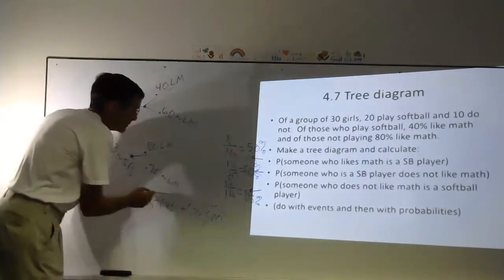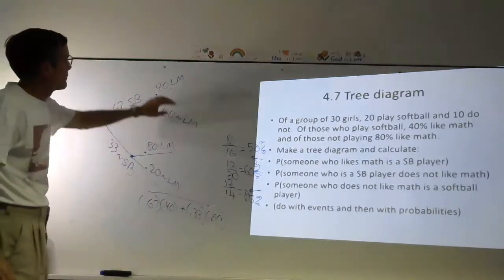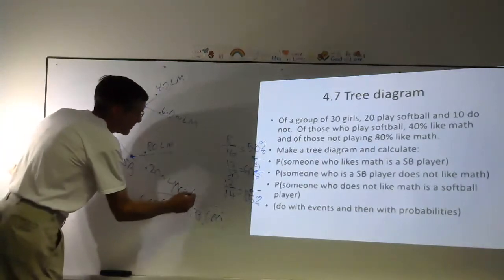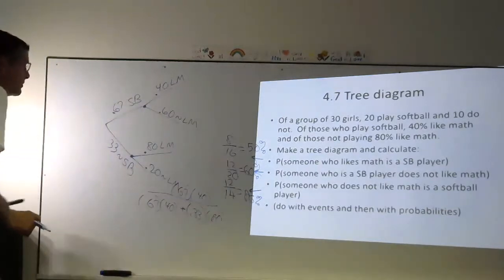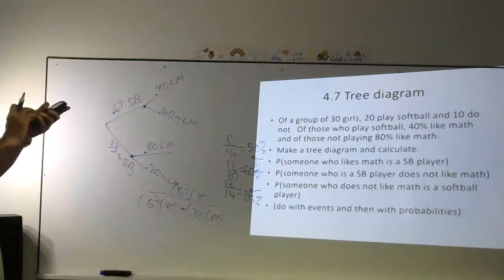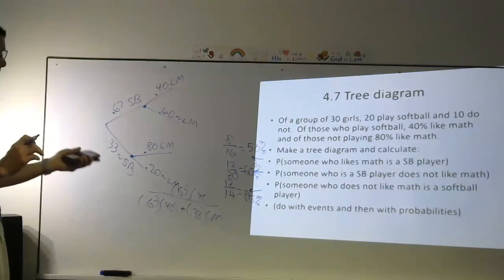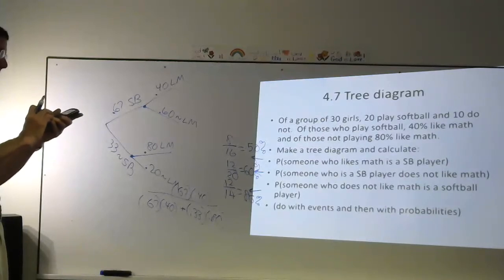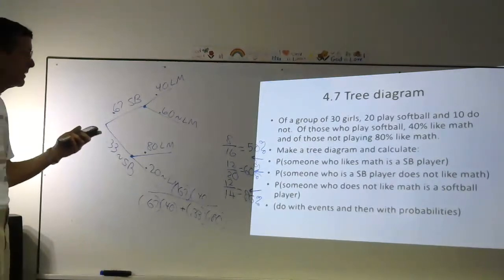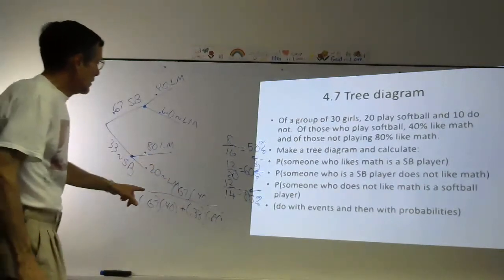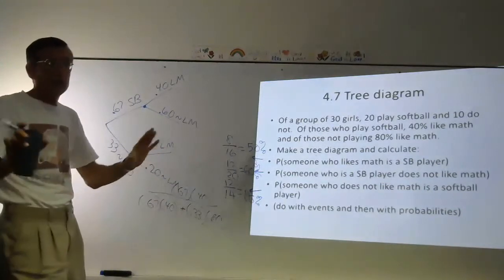What's the probability that they're a softball player? 0.67 times 0.40, divided by parentheses, 0.67 times 0.40 plus 0.33 times 0.80, close your parentheses, and what do I get? I get 50%.